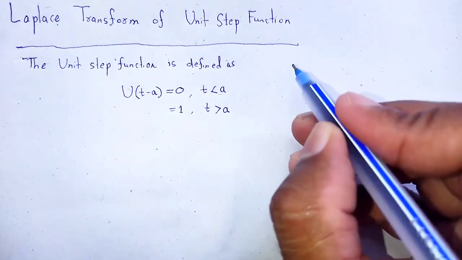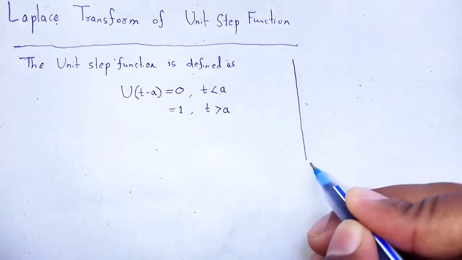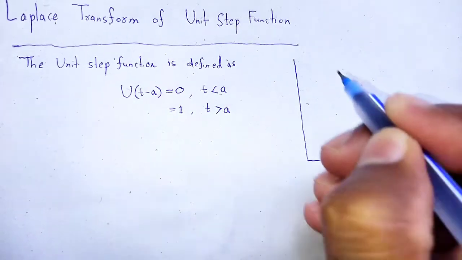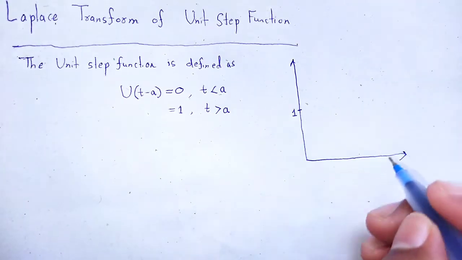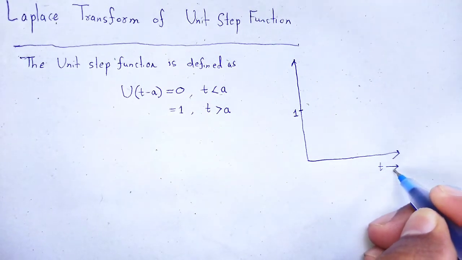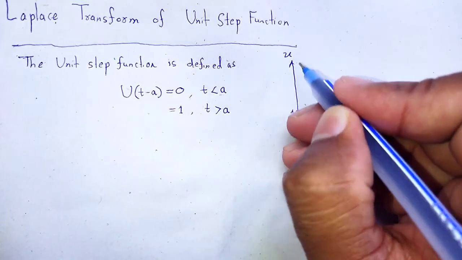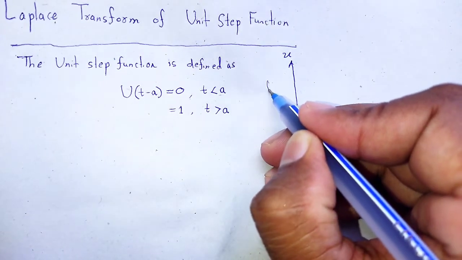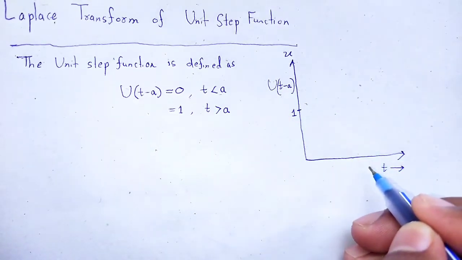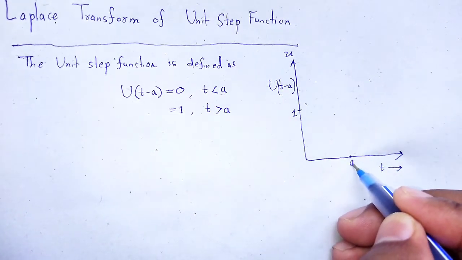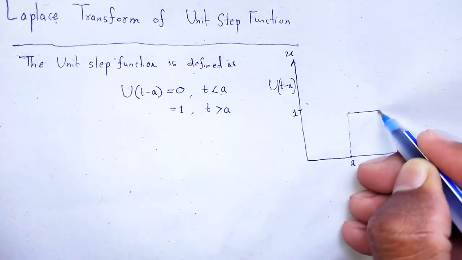If we plot the graph graphically, here t, here we represent u, that axis, unit step function at point a, the graph looking like this.